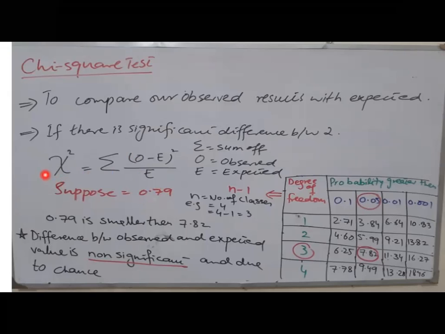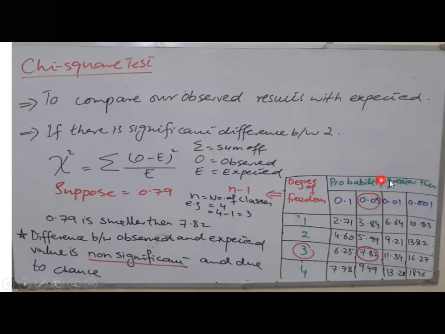Four values mean we have taken four different results or four different phenotypes, 9 to 3 to 3 to 1. We have four classes. So n is the number of classes, and the degree of freedom means n minus 1. In this example, we have 4 minus 1 is equal to 3. That is our degree of freedom.